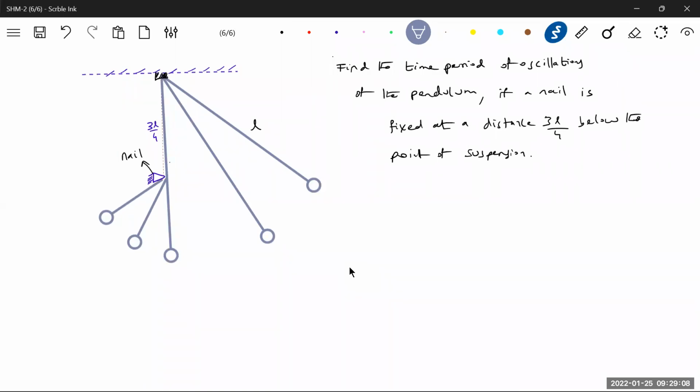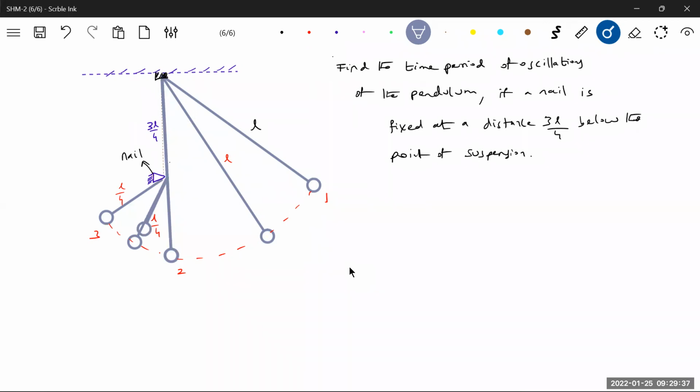So when it moves from 1 to 2, it will be a path like this. For 2 to 3, the length of the pendulum will become L/4. It will be like this. It will come like this.